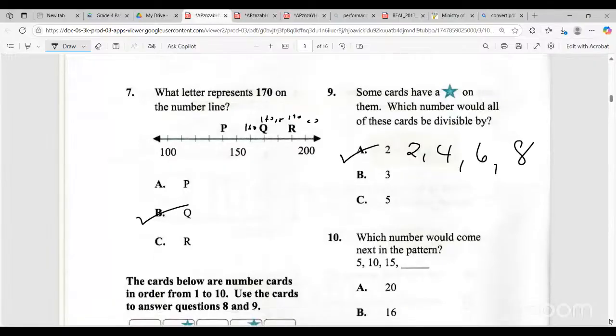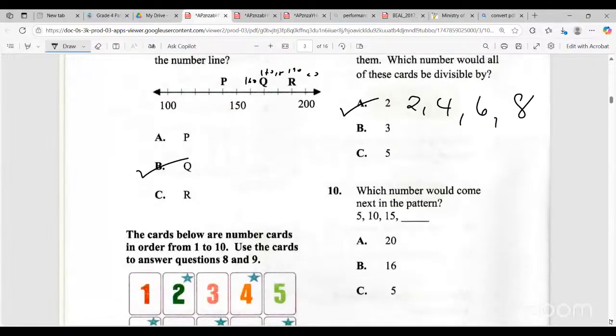Which number would come next in the pattern? 5, 10, 15. What comes next?